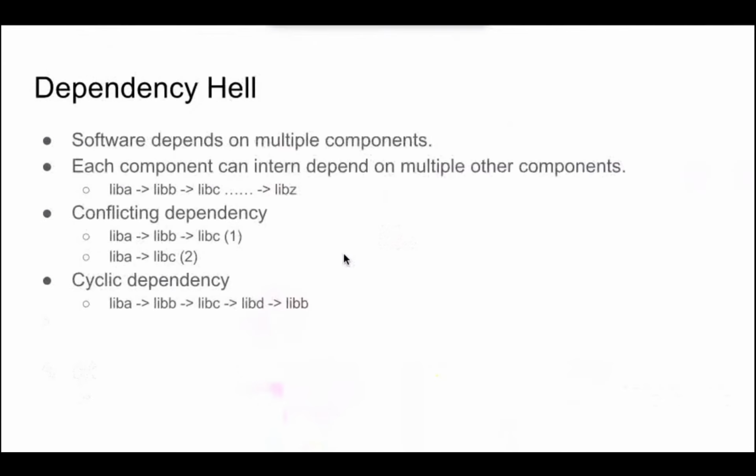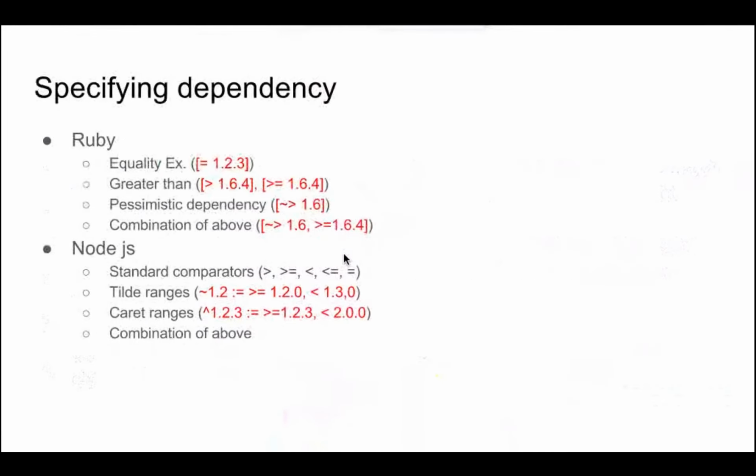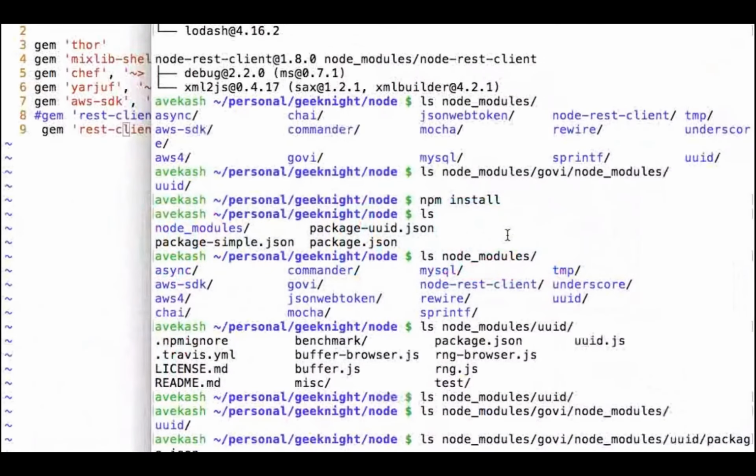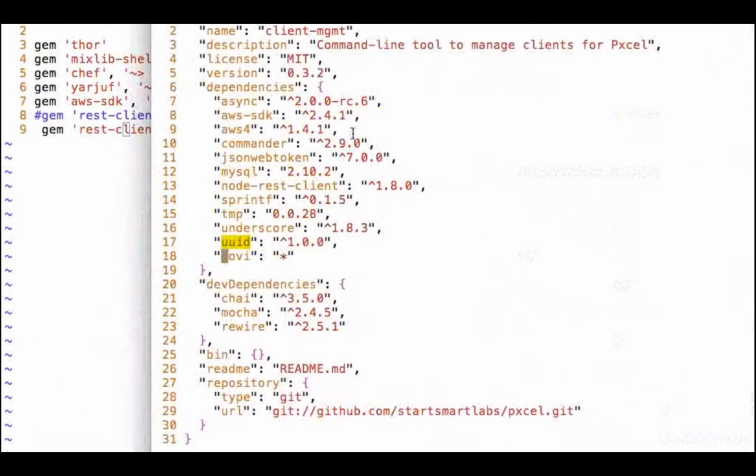Now moving ahead, what does semantic versioning say? I told you about the word moving in the Ruby world as well. In Node, it doesn't break things, but I'll show you how it can make a difference. The UUID I have said depends on tilde 1.0.0.